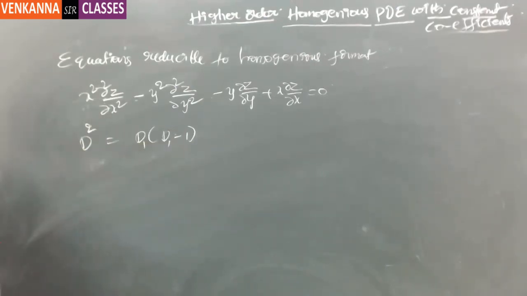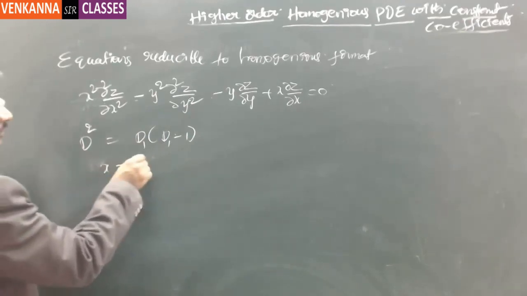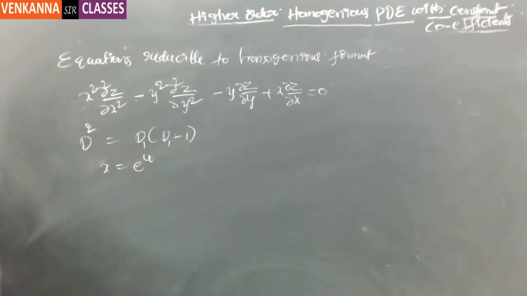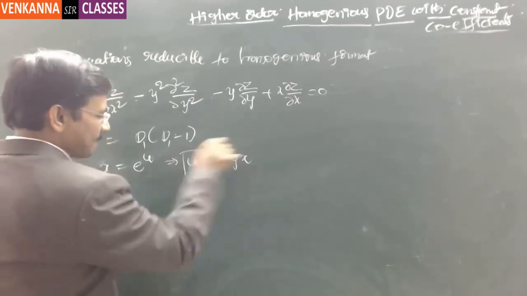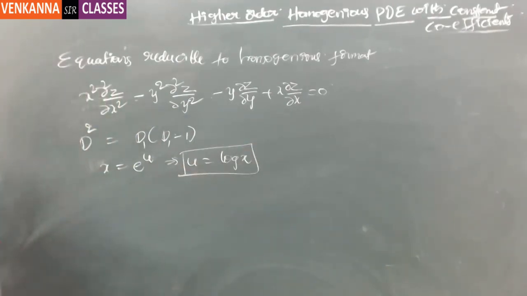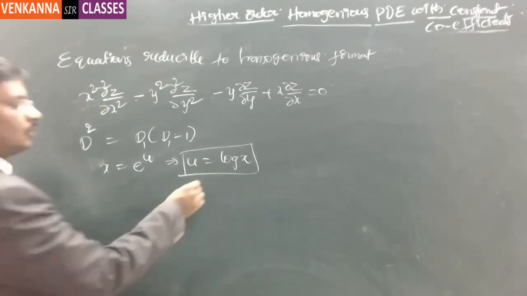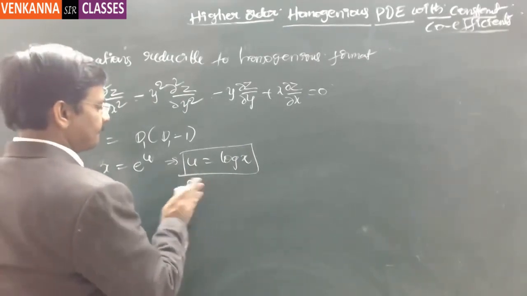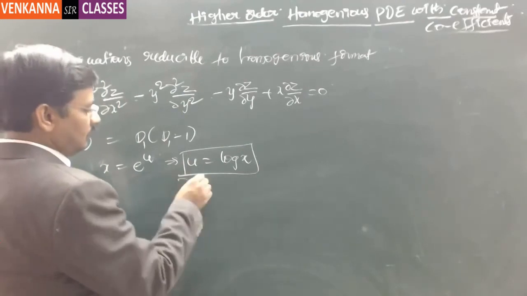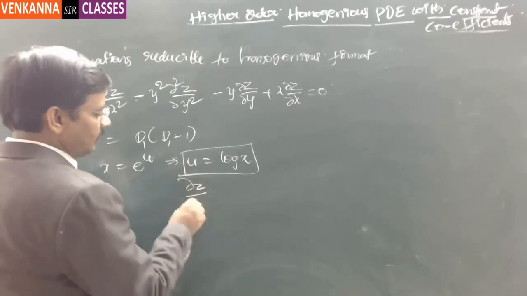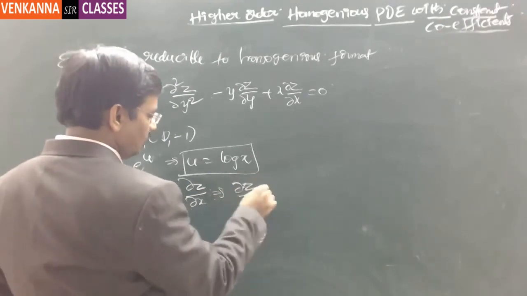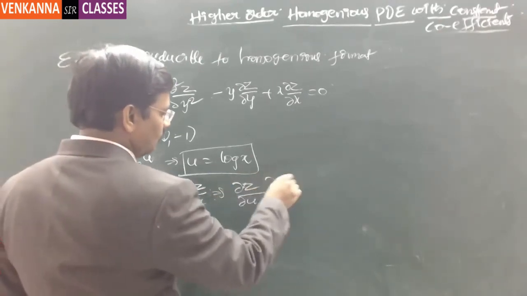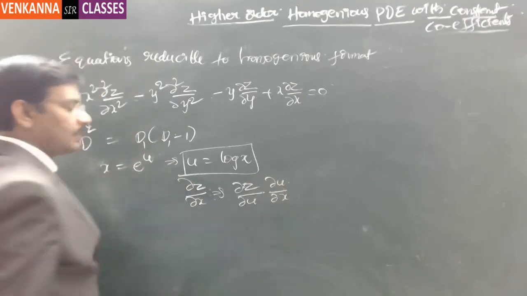So the methodology we are going to adapt is, x is equal to e power u, you put it. Then it implies u is equal to log x. And then, dou z by dou x you can write as dou z by dou u into dou u by dou x, right?